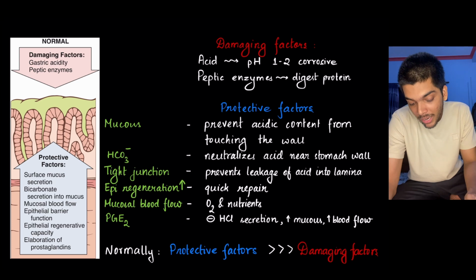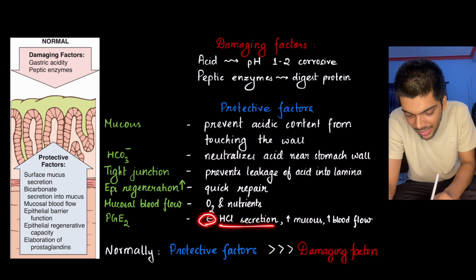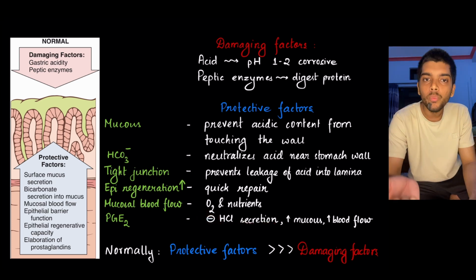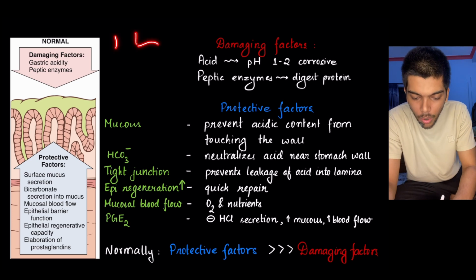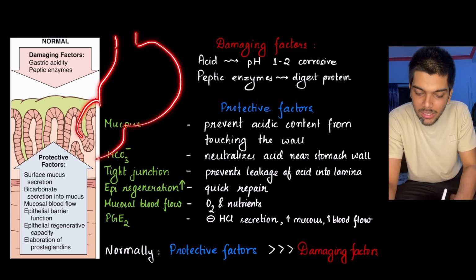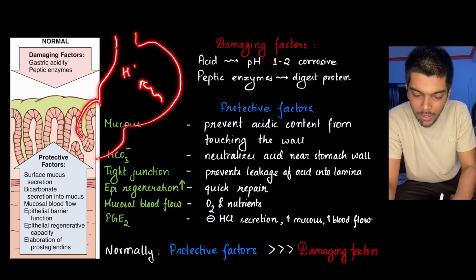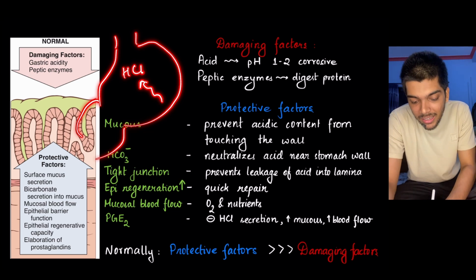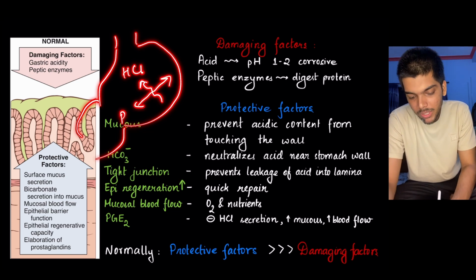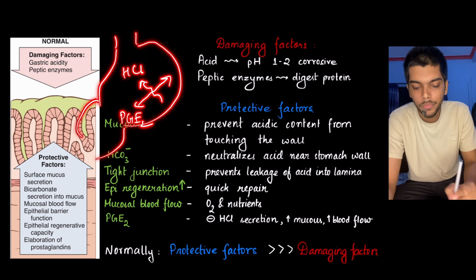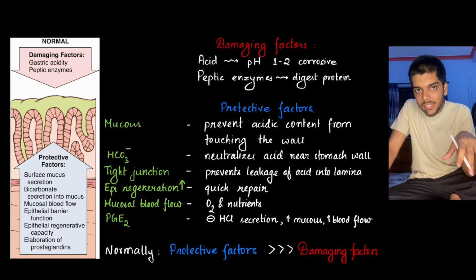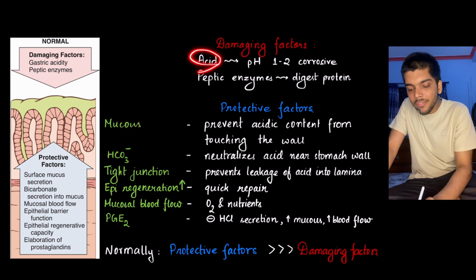But most importantly, it inhibits the secretion of HCl within the stomach. Within the stomach, the secretion of HCl takes place. The secretion of this HCl is inhibited by prostaglandin E2. So when there is less HCl, that means there is less damaging factor.